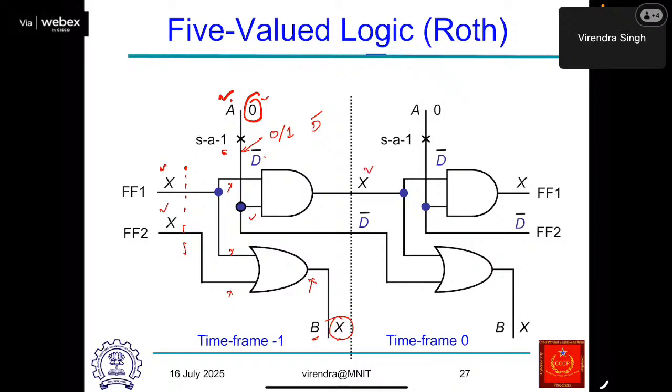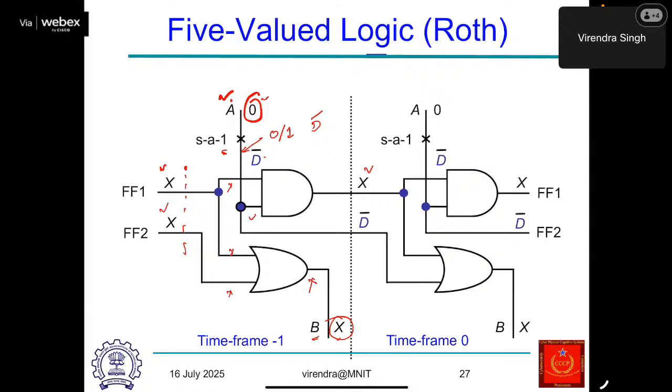So at the primary output, it is producing X, and the fault effect is getting propagated neither to the primary output, nor to the pseudo primary output.